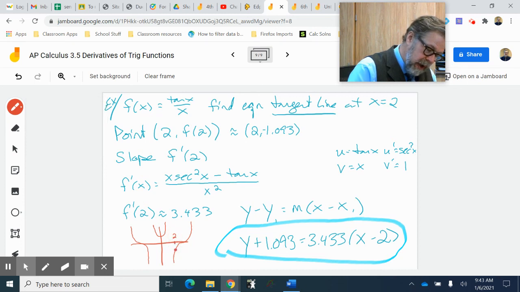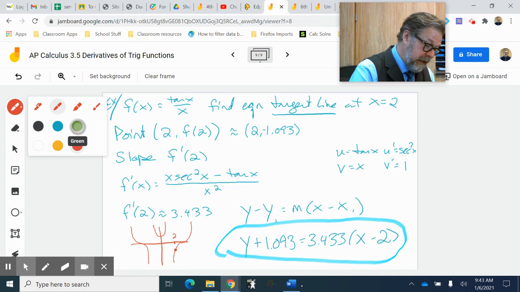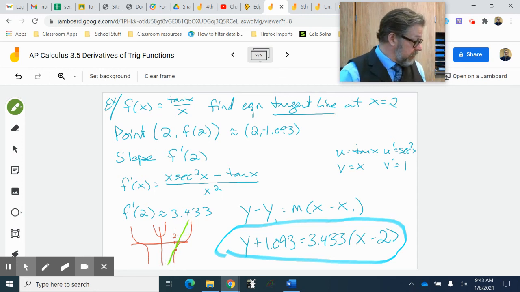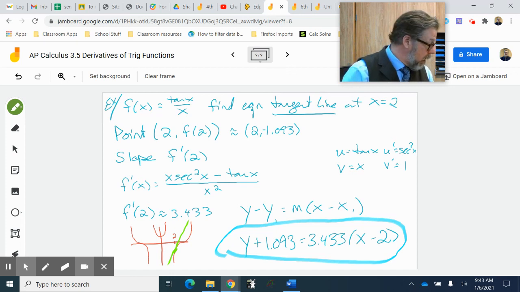So there's my point. And here, if I graph the tangent line in my calculator, it hits right there. So, in fact, you can see that that is a tangent line to that point. Okay.